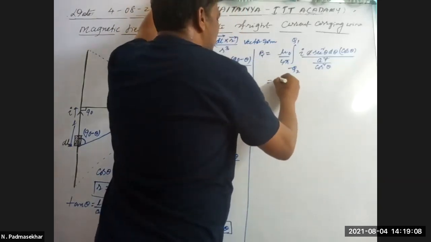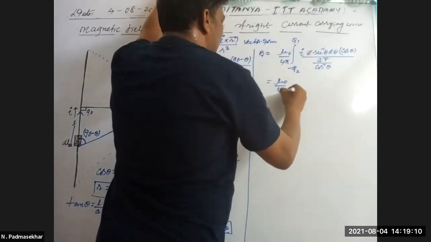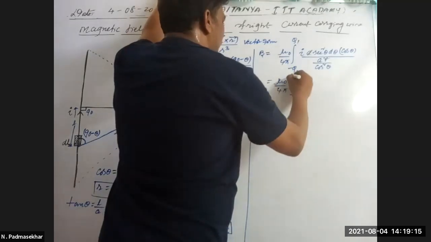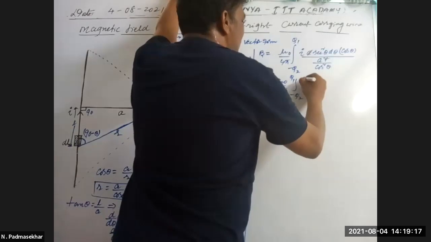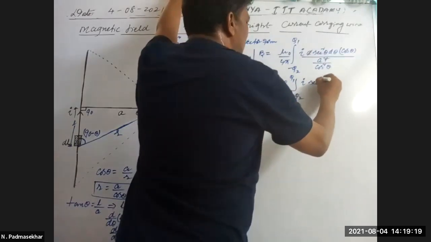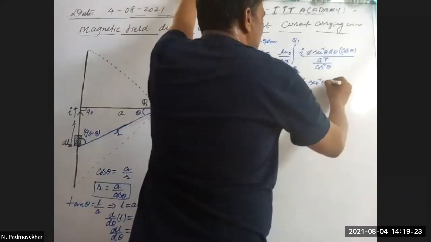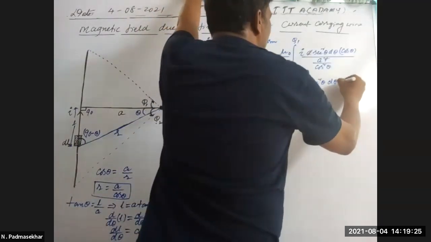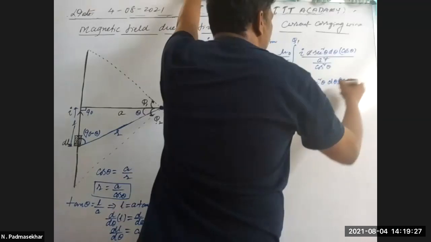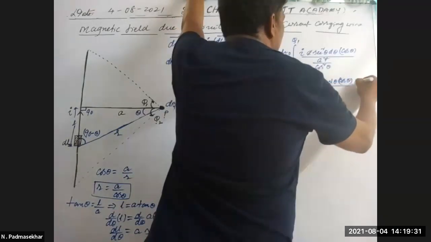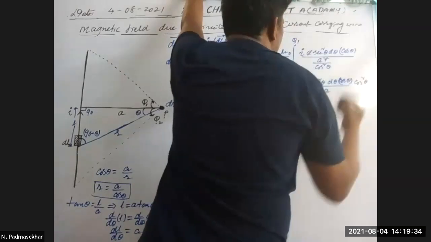This is mu naught by 4 pi integral from minus phi 2 to phi 1, I secant square theta by secant square theta d theta into cos theta by A. This is cos square theta.